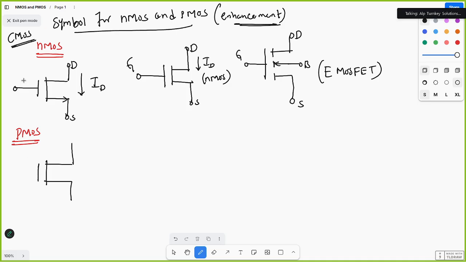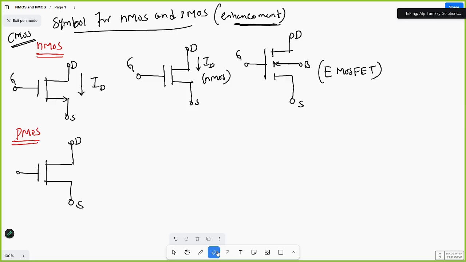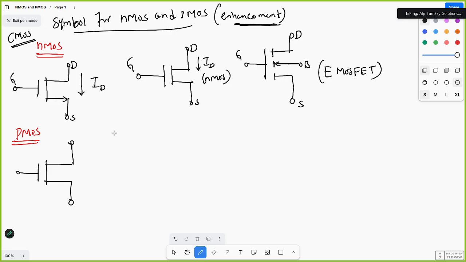This one is gate, drain, and source. Here you can write source and drain, and this one is gate. Holes will flow from source to drain, and the drain current is also from source to drain.